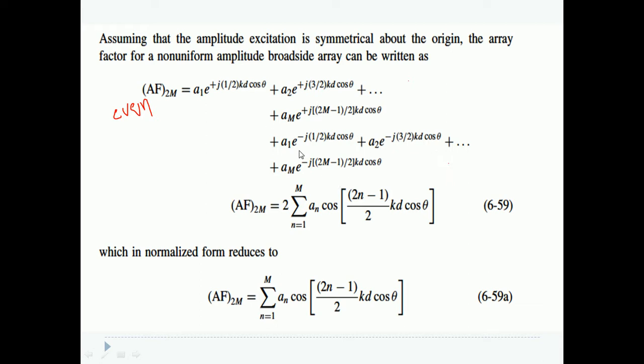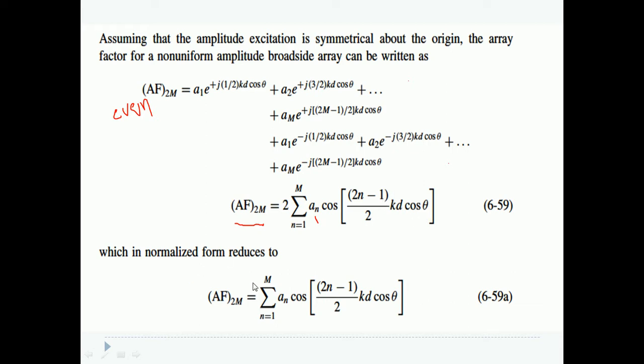So the summation of this series can be written as array factor 2m, which is equal to 2 times the summation from n equal to 1 to m elements, where a is the amplitude of each element, times cos of (2n minus 1), since it is an odd number, divided by 2, kd cos theta.